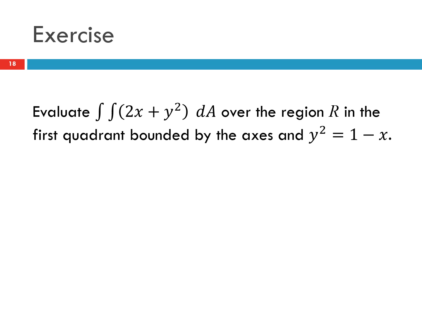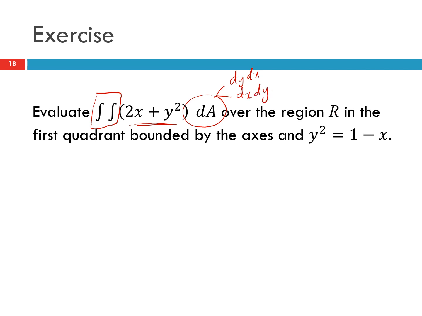So this is an exercise that you can try to solve. We have the function x plus y squared, and we have here dA. We do not know the limits for the region, and this dA can be dy dx or dx dy.